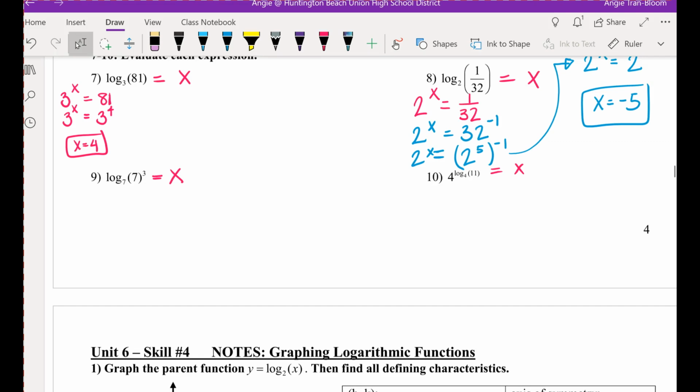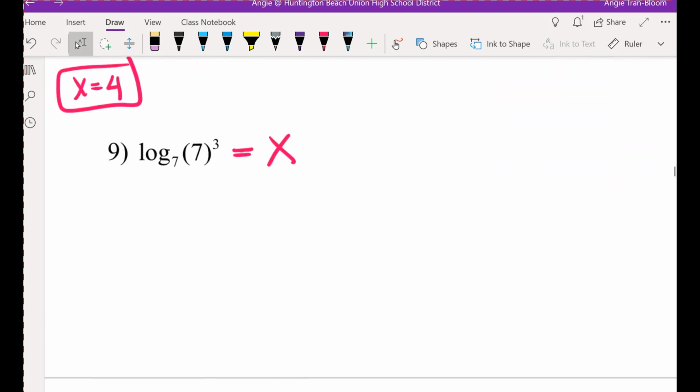Can you zoom in a little more? Oh, yes. I think so. So just do 9. Here we go. Show us your work, okay?